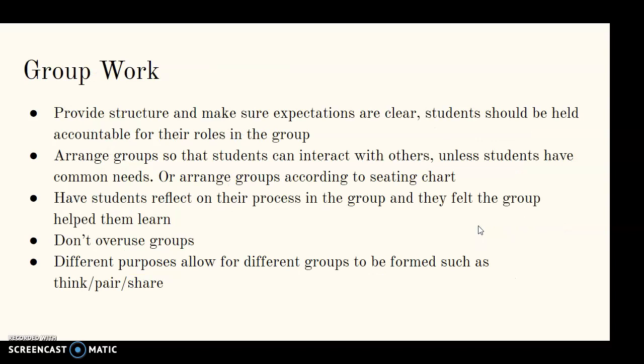He also talks about group work, how your group should provide structure and you should make sure that your expectations are clear. Students should be held accountable for their roles in the group.